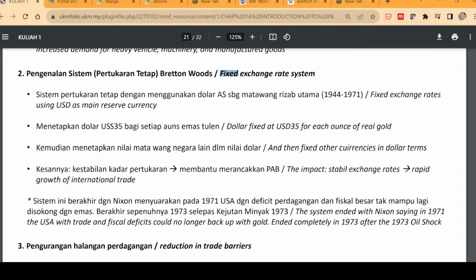And this fixed exchange rate system did not last long, ended in 73. Why?